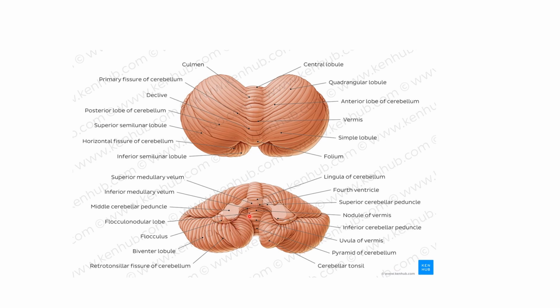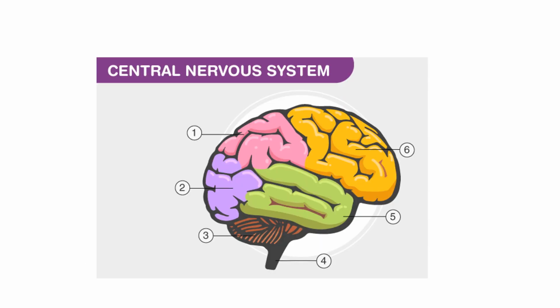This is not in direct contact, it is just a suspended part. The remaining empty structure over here is the site for the fourth ventricle. We are going to discuss it later on.